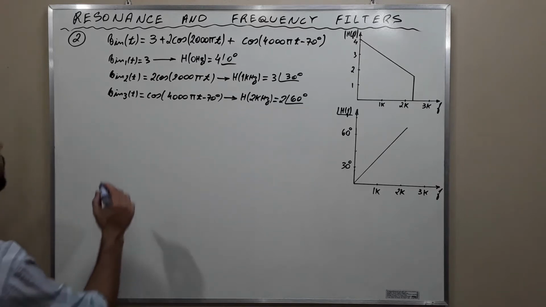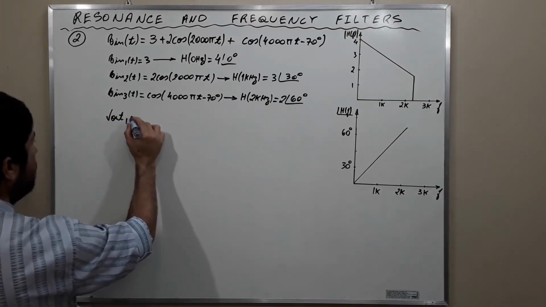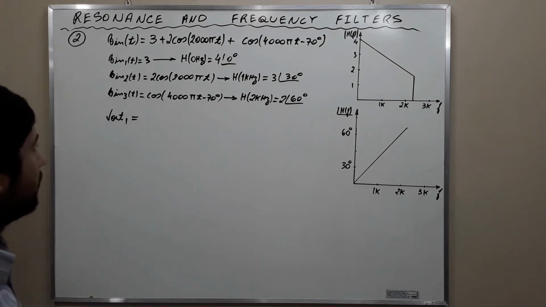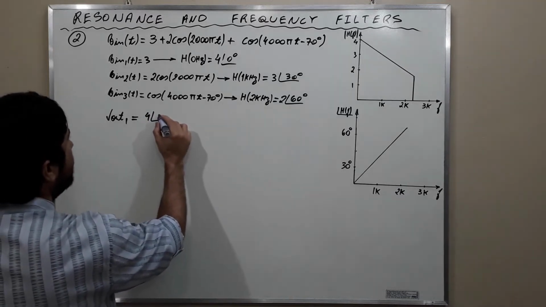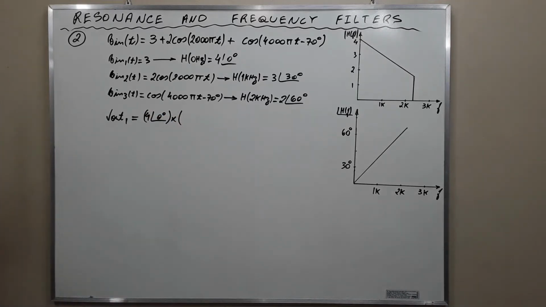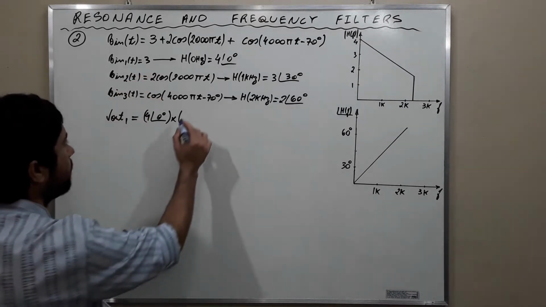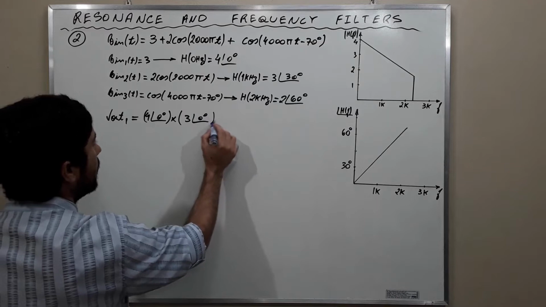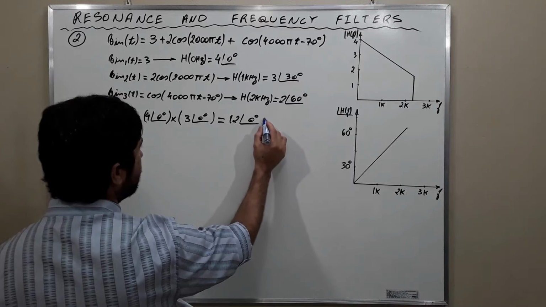For the first component, the out1 is equal to the value of the transfer function for the first component, which is 4 phase 0 degrees, times the phasor for the first component, which is 3 phase 0 degrees. And this is equal to 12 phase 0 degrees volts.